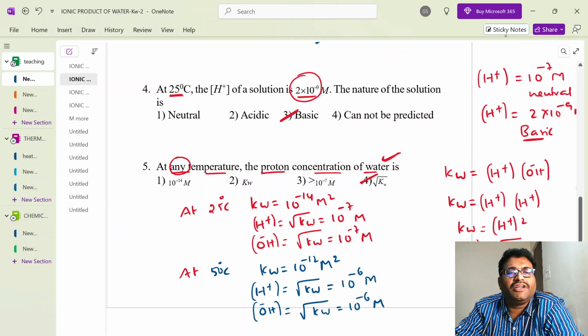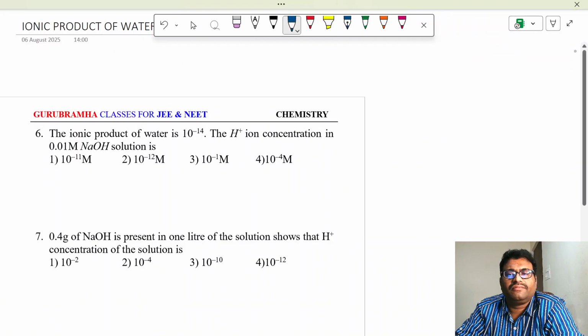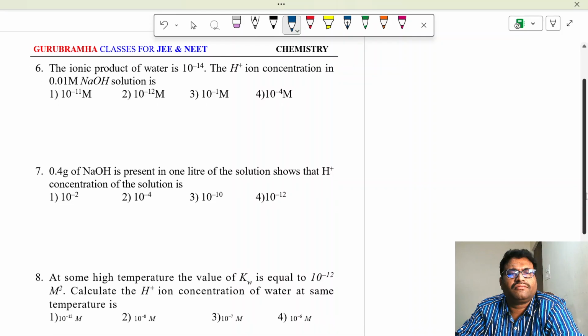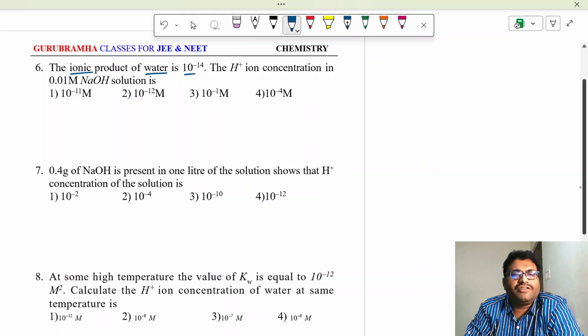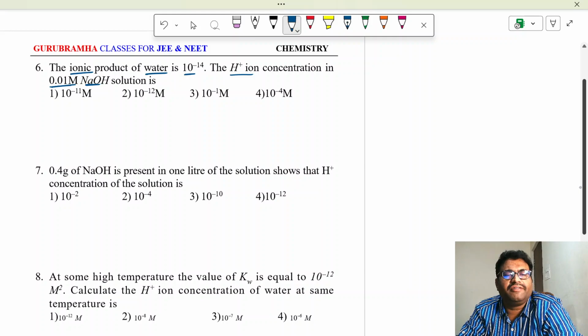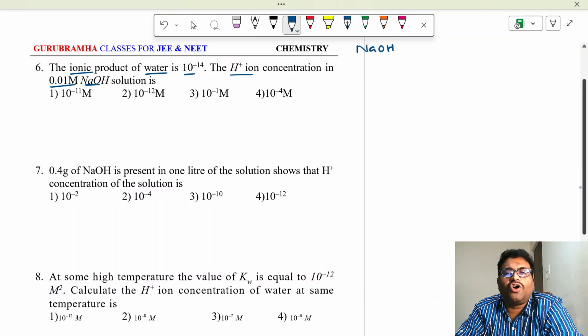So let us go with the next question. The ionic product of water is 10 power minus 14, that is at 25 degrees centigrade. The H plus ion concentration in 0.01 m NaOH is given. So NaOH is strong electrolyte.